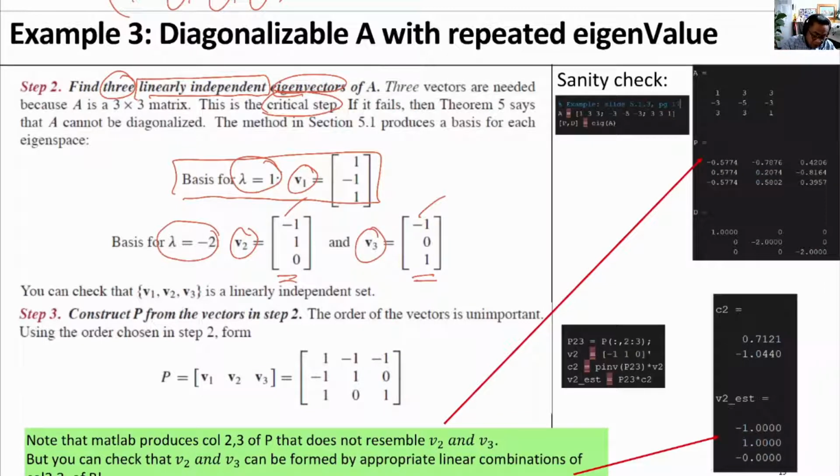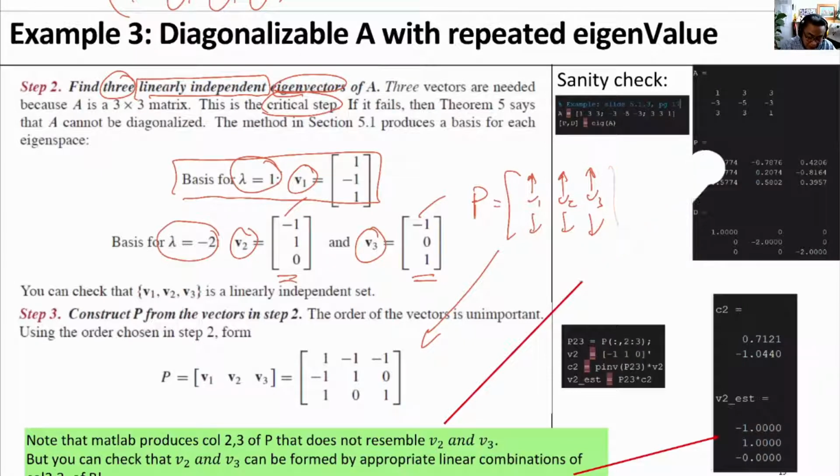And because we can find them, we can now form P using V1, V2, and V3. And because they are all independent, P is invertible. Now, if you forgot how to find eigenvectors given an eigenvalue, please refer to previous slides.